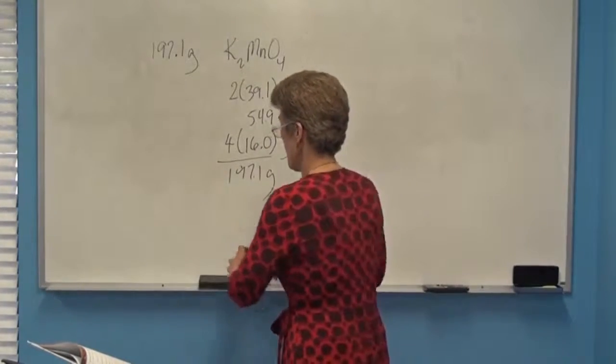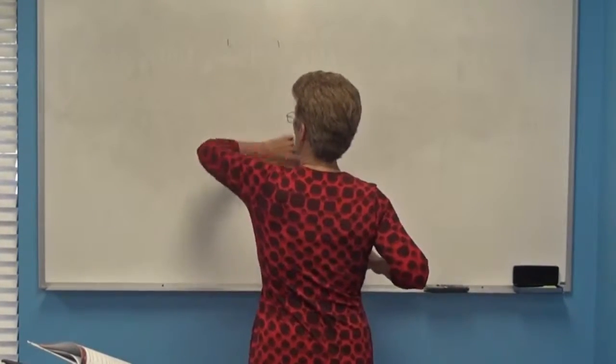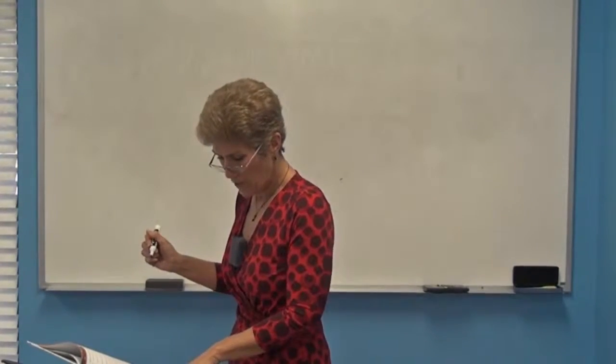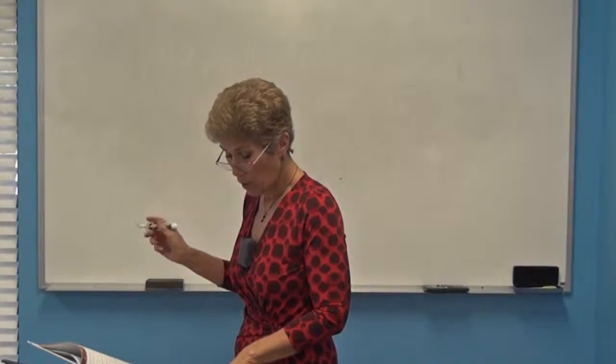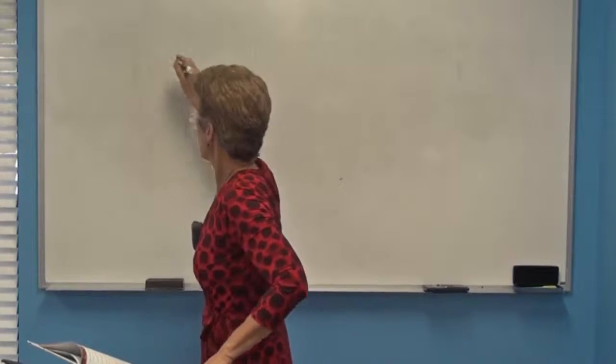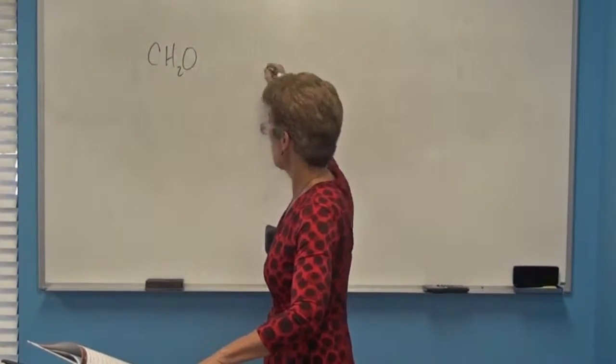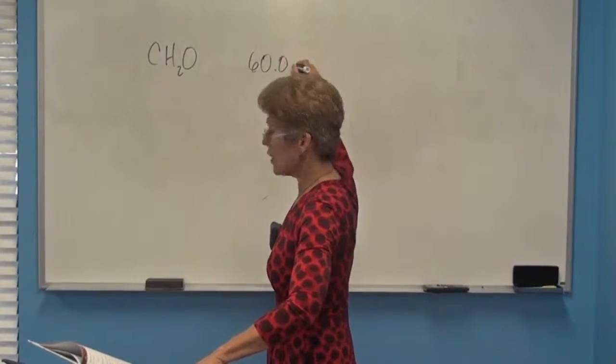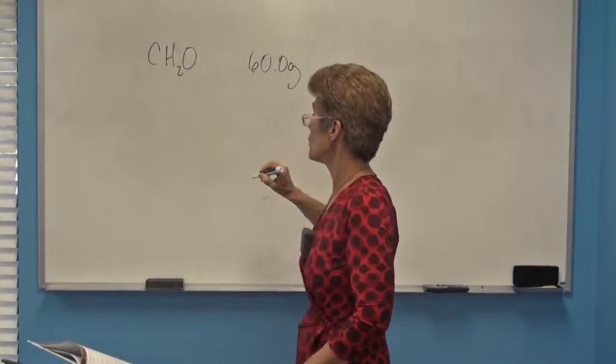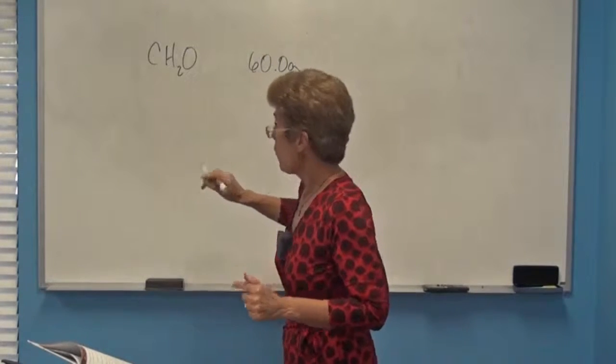All right, let's do number 10. A compound has an empirical formula of CH2O. Its molar mass is 60 AMUs. What is its molecular formula? Okay, so we have CH2O, and I'm just more comfortable with grams, so you guys forgive me. You can use AMUs here if you want to. Okay, so we add this up.